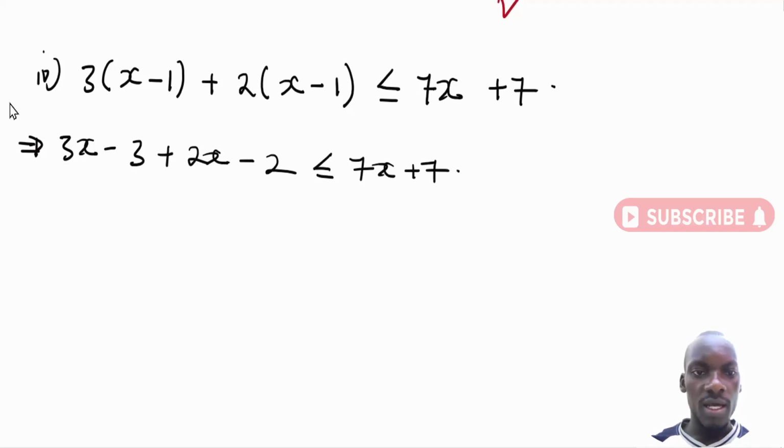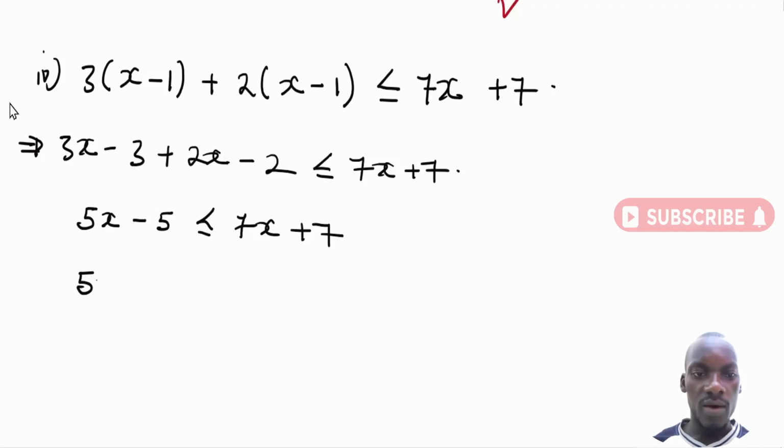So in here, if we get 3x plus 2x, we have 5x. Then negative 3 minus 2, we get negative 5, is less than or equal to 7x plus 7. So let us collect like terms. We are going to take the x components on the left hand side and the constants on the right hand side.